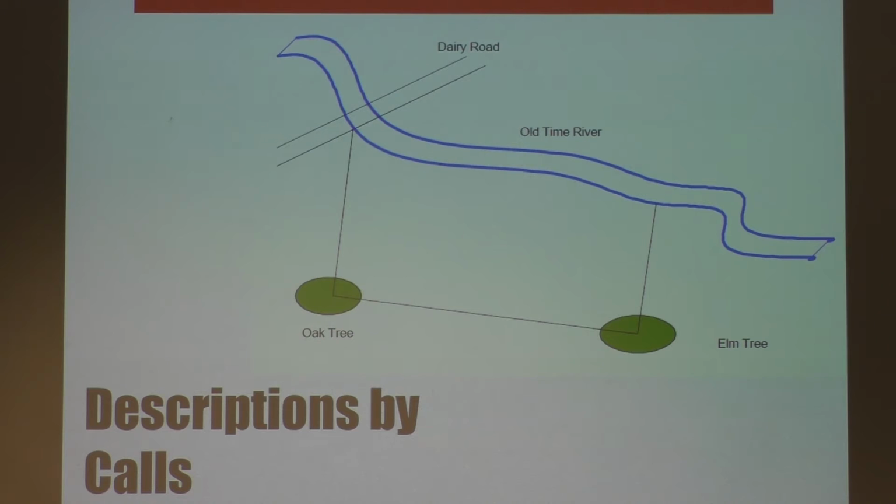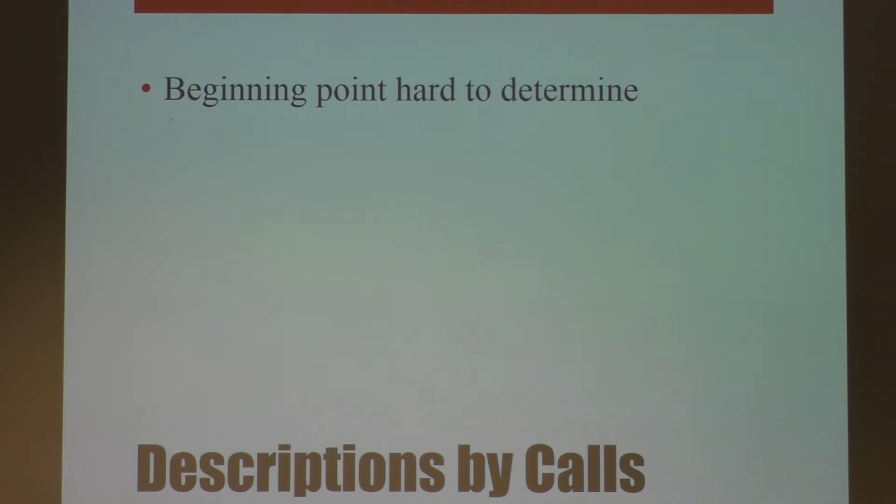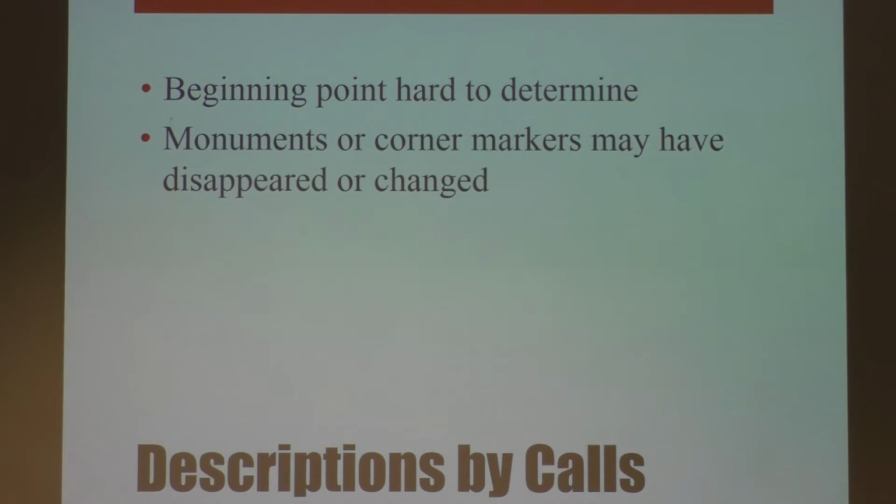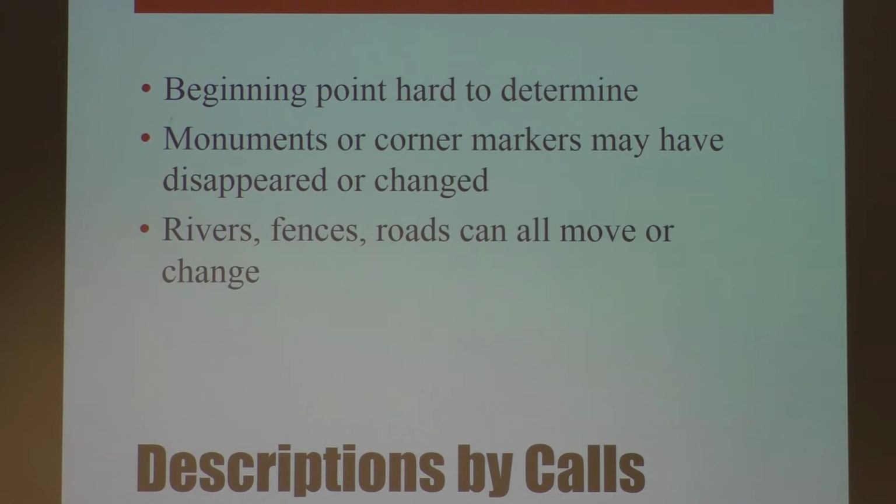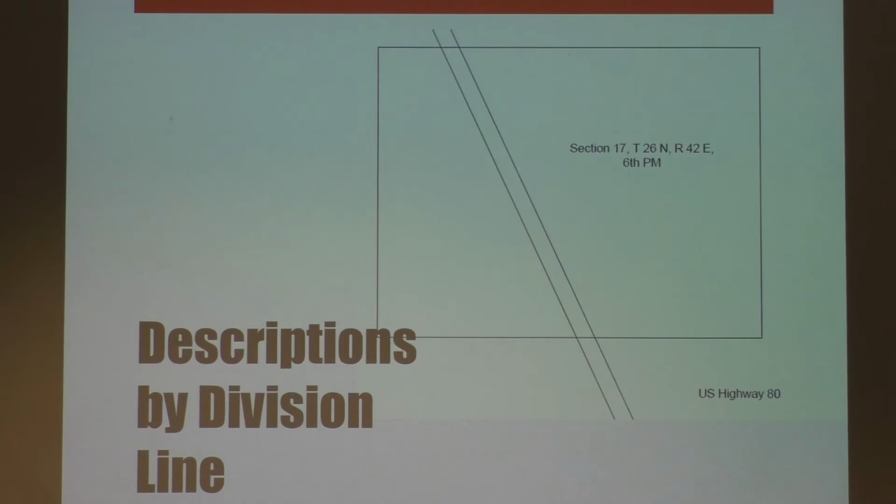Okay, next point. Descriptions by calls. First of all, the beginning point is hard to determine. Secondly, the monuments and corner markers may have disappeared or changed. Rivers, fences, roads all moved. Okay. Now, another way of dividing up property was a deed that said something like this.